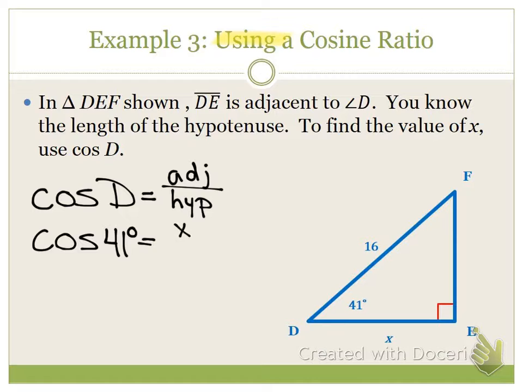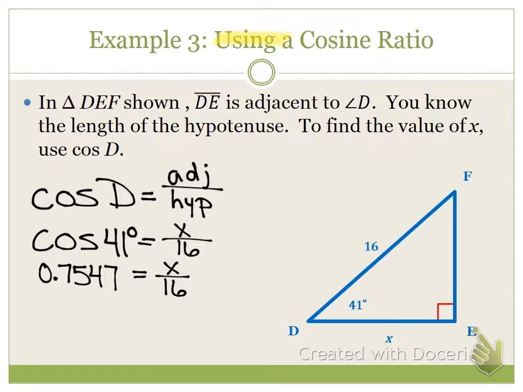X. What's the hypotenuse? 16. Now, if you remember from yesterday, we can simplify this, can't we? Enter cosine 41, and you go out 4 decimals. Leave that number there. We can write it equals x over 16.